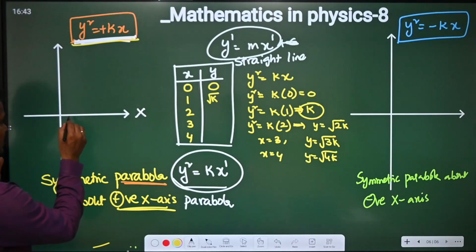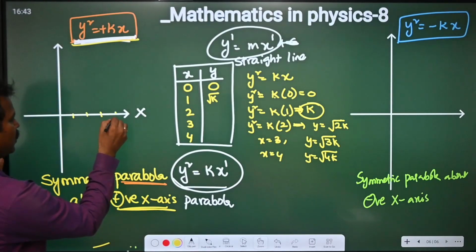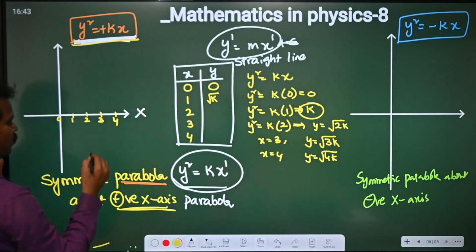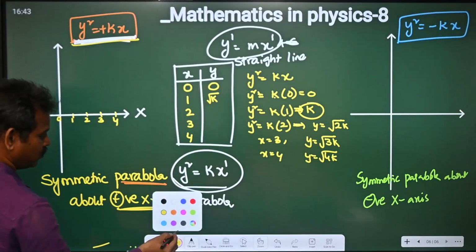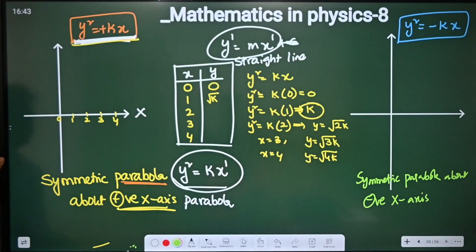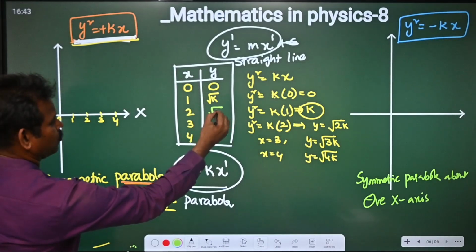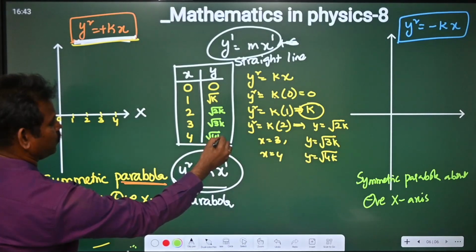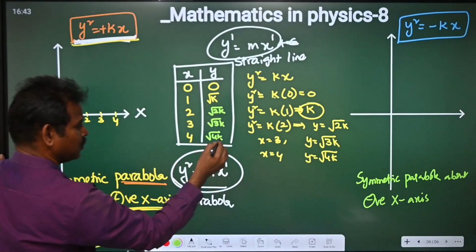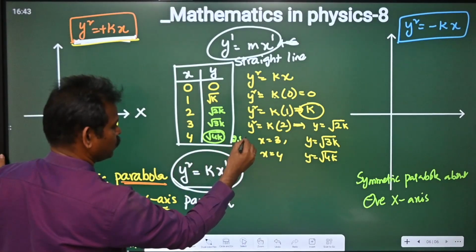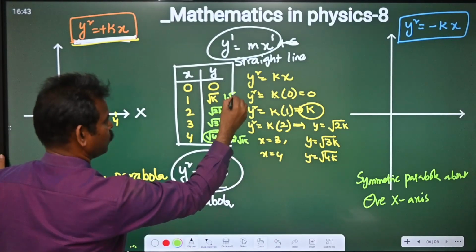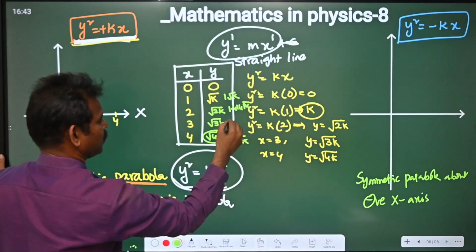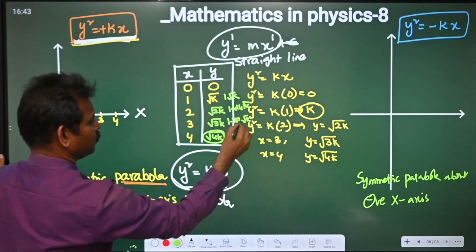So these are the values. Now on the x-axis, students, we will take x as 0, 1, 2, 3, 4 and the corresponding values on the y-axis: root k, root 2k, root 3k, root 4k. If you observe this one, this is nothing but 2 root k, this is 1 root k, this is 1.414 root k, this is 1.732 root k.